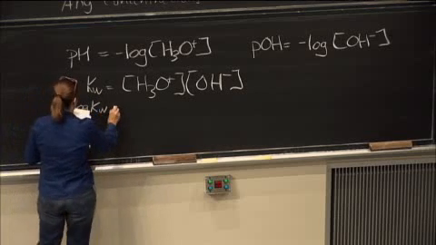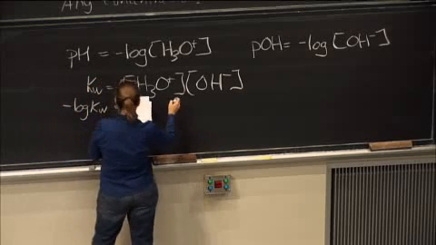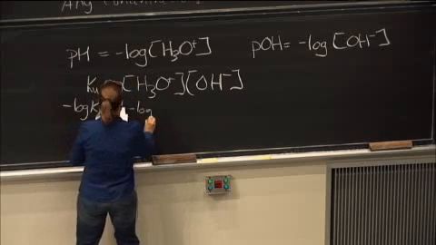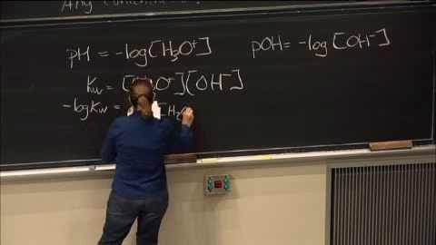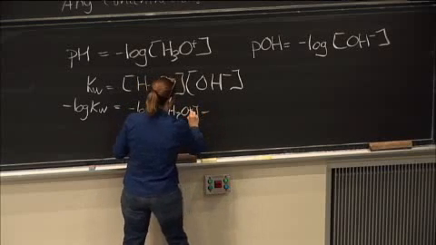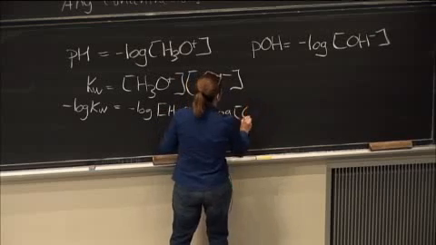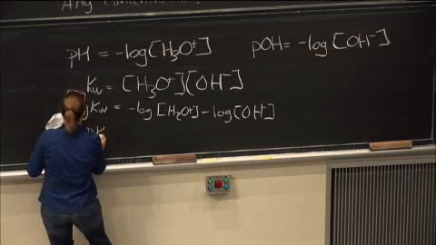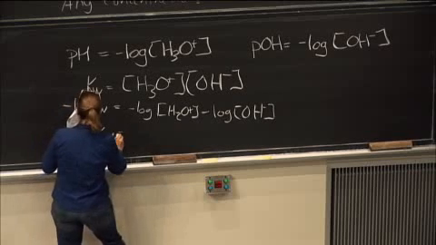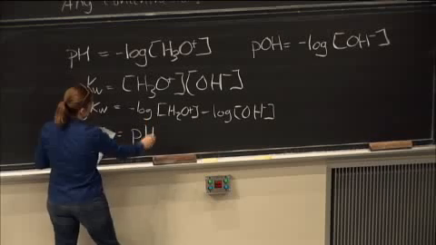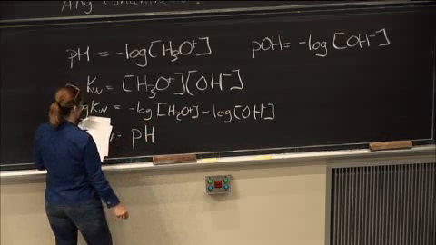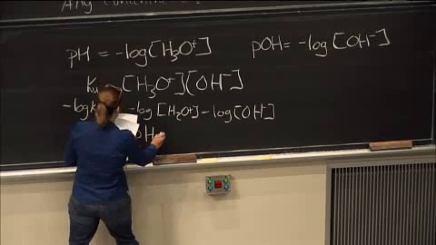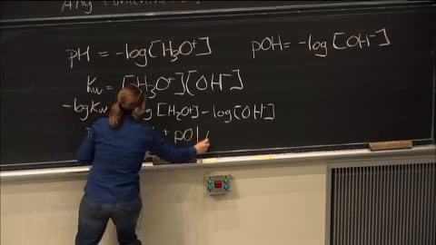So minus log of Kw equals the minus log of hydronium ion concentration minus the log of hydroxide ion concentration. And we end up with pKw being equal to pH, because minus log of the hydronium ion concentration is pH, and minus the log of the hydroxide concentration is pOH, so plus pOH.